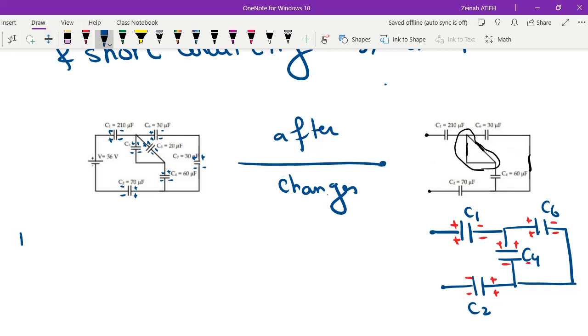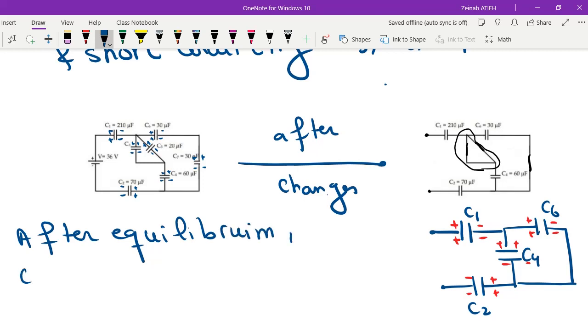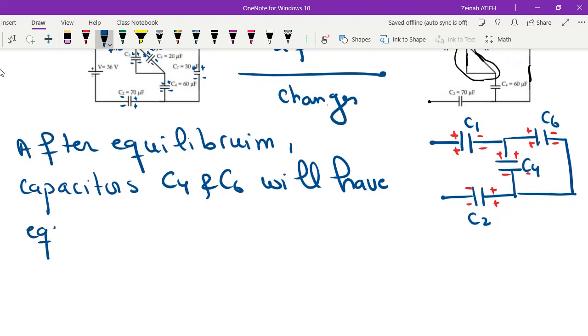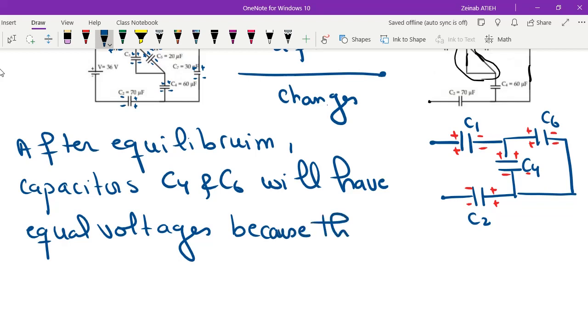So let me write after equilibrium: capacitors C4 and C6 will have equal voltages because they are connected in parallel.